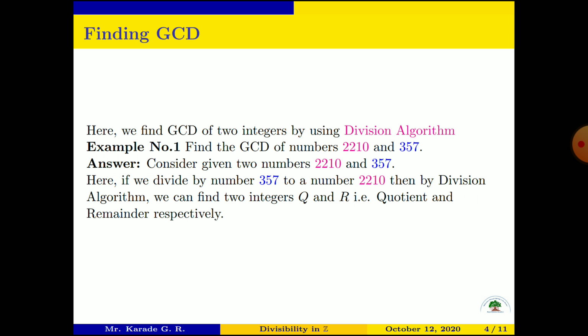Finding GCD. Here we find the GCD of two integers by using the division algorithm. Example number 1. Find the GCD of the numbers 2210 and 357. So we write the answer.